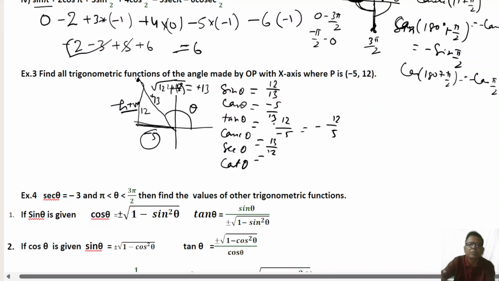Sec, just reciprocal of cos, so minus 13 by 5. Cot, just reciprocal of tan, minus 5 by 12. So this way you can solve.